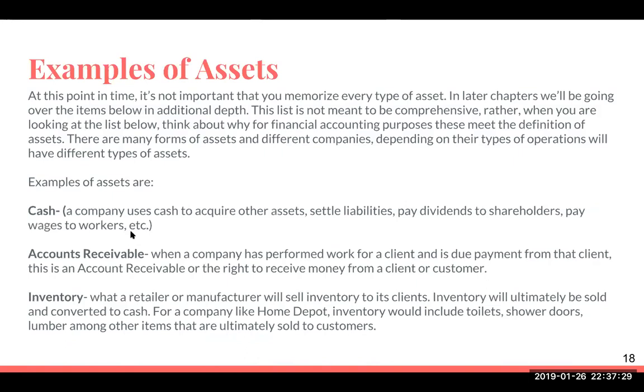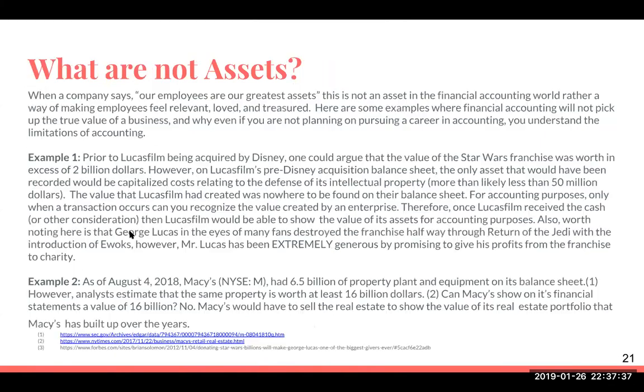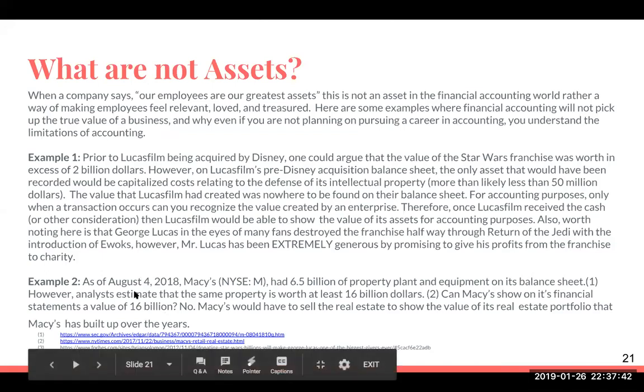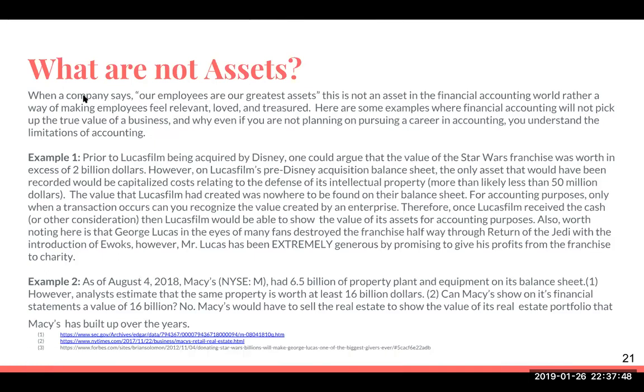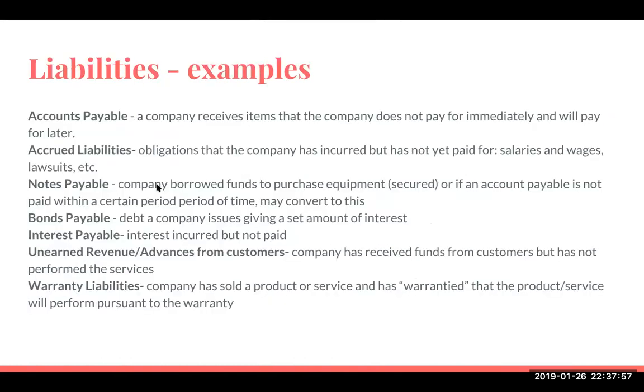Assets usually happen as a result of past transactions. An asset is something that is giving us future economic benefit. I talked about this Macy's example earlier, and also with Lucasfilm. But when a company says our employees are our greatest assets, that is not an asset from a financial accounting standpoint.